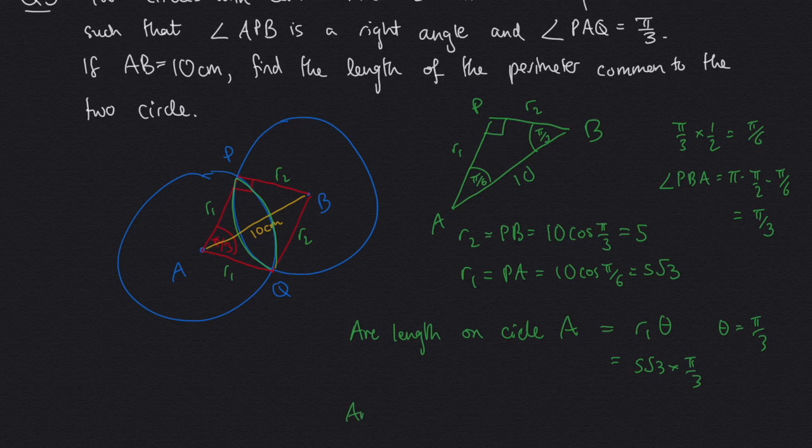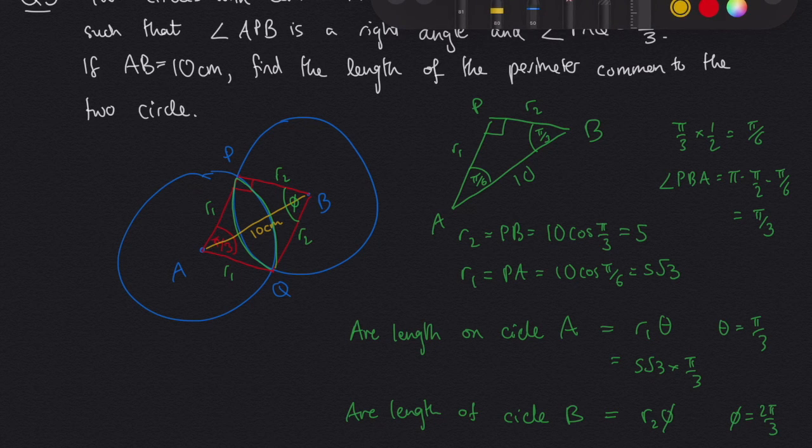And the arc length on the circle with centre at B is R2 times a different angle, so let's call this angle phi, where we can see here that phi is 2 pi over 3, because we knew that PBA was pi over 3.